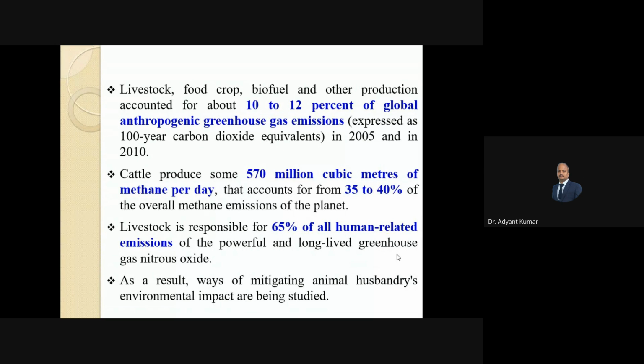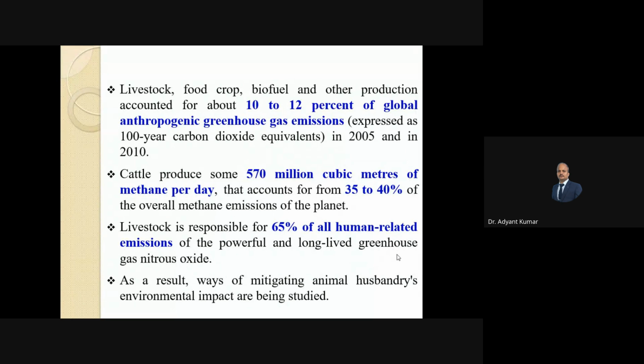It simply means that the byproducts of livestock are creating havoc, as cattle produce 570 million cubic meters of methane per day, which accounts for 35 to 40% of overall methane emission of the planet.